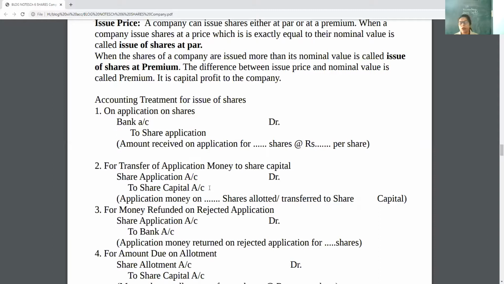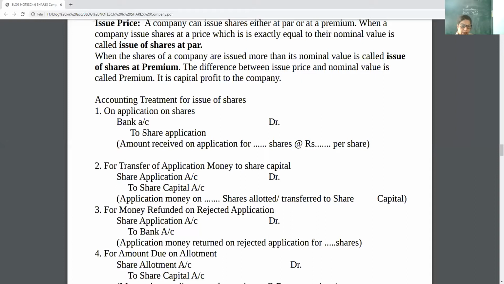The first part which the shareholders send to the company is known as application money. So that will be in 2 steps: the application money received and the application money transferred. See, bank account debit to share application account.